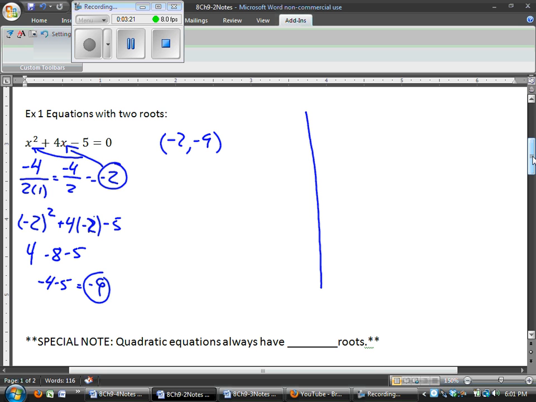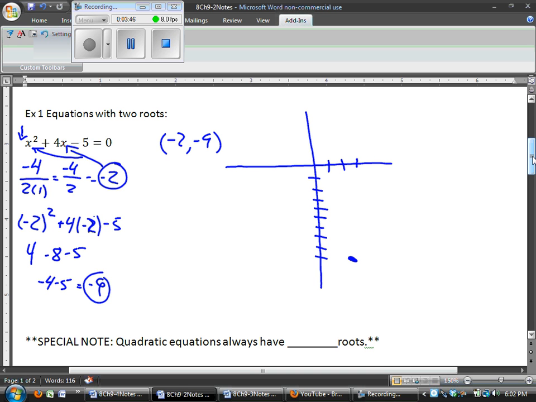So let's go over here and graph this. Negative 2, and then 1, 2, 3, 4, 5, 6, 7, 8, 9. Negative 9. Then remember we can look in front of our x squared value for our slope. I use slope in quotation marks because it's not really a slope, but it's kind of like a slope.